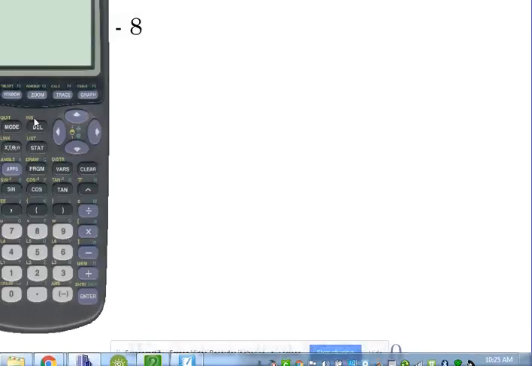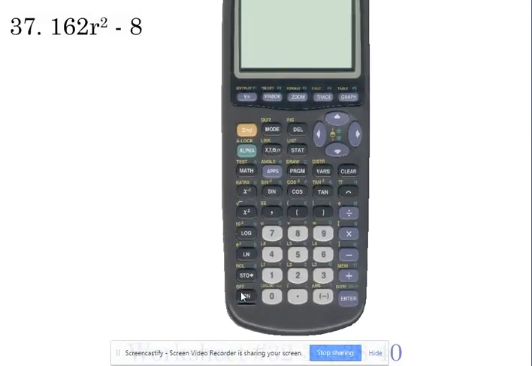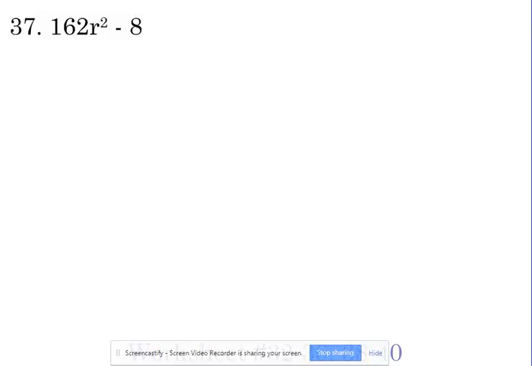So 162 and 8. I'm going to see if 162 is divisible by 4. It's not, okay? 2 is our GCF. So when you pull out a 2, you're left with 81r squared minus 4.